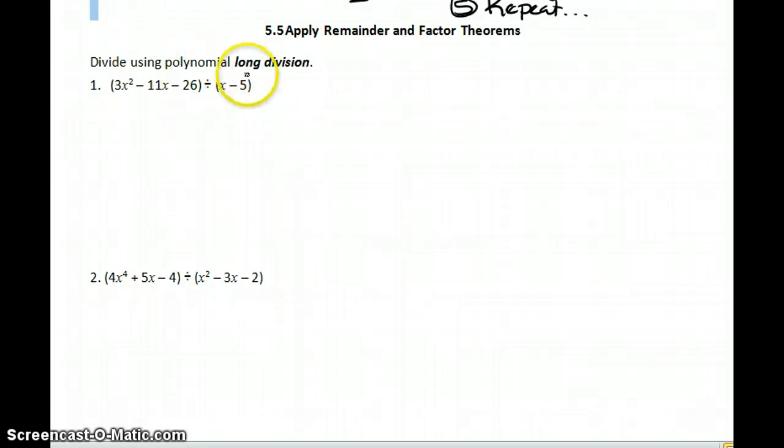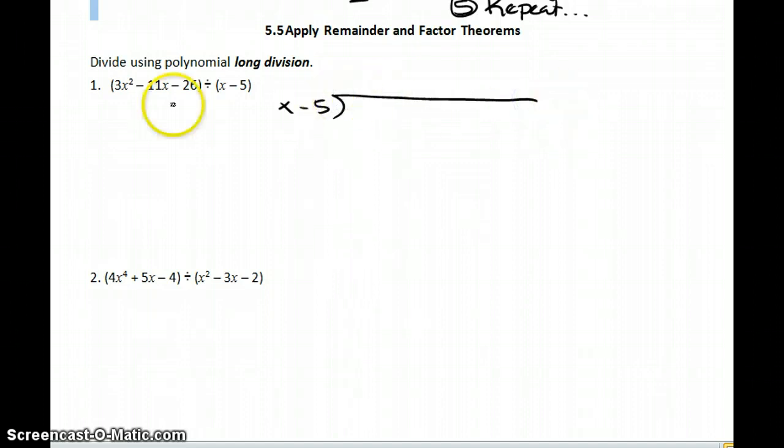So long division, if you remember, whatever I'm dividing by is going to go on the outside of this still, so I'm going to write that as x minus 5, and then I don't remember what this is called, division house I suppose, 3x squared minus 11x minus 26. So going back to your steps, the first thing that we did was to divide.